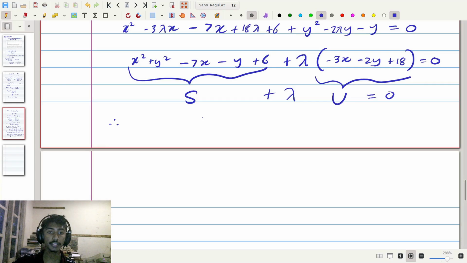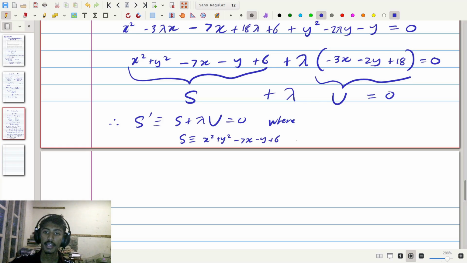So therefore we get S dash given by S plus lambda U equals 0, where S is given by x squared plus y squared minus 7x minus y plus 6, and U is given by minus 3x minus 2y plus 18. And with that, we have solved the first part of the question.